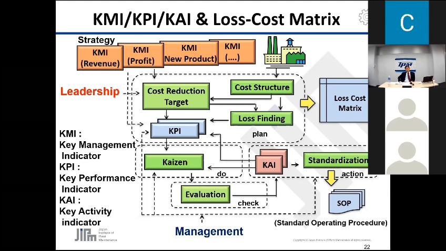So there are some key performance indicators you will have to define, and do Kaizen, and the evaluation and checking, KI, standardization. So if some action is good, that should be summarized as SOP, standard operating procedures. Finished.